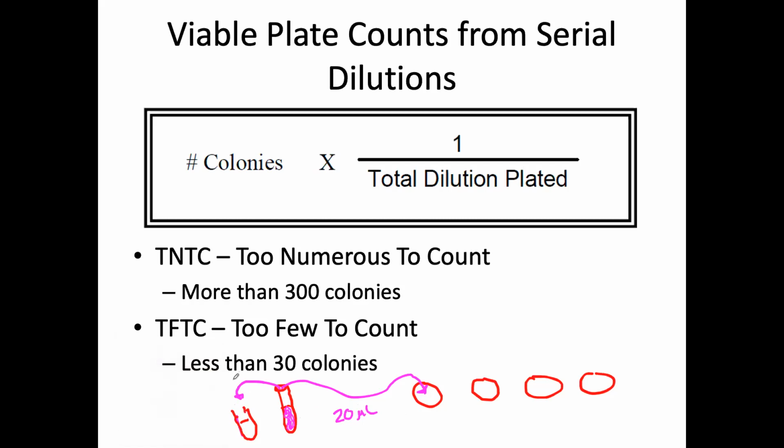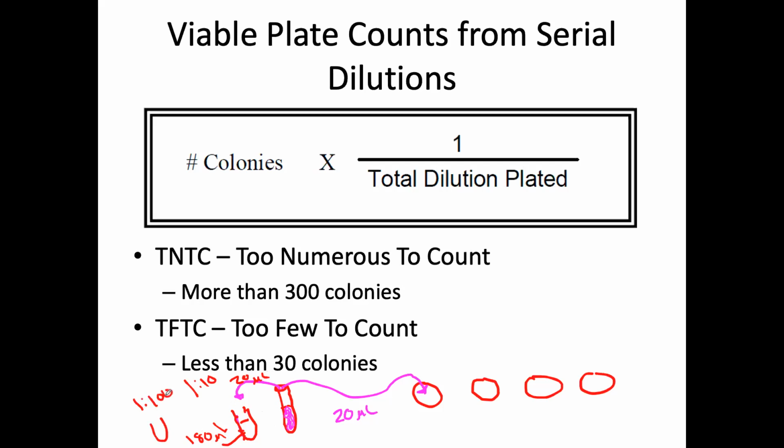And you would take 20 microliters of that straight culture, and you would add it to 180 microliters of media. And that's a 1 to 10 dilution. Then you could make another dilution, a 1 to 100 dilution.